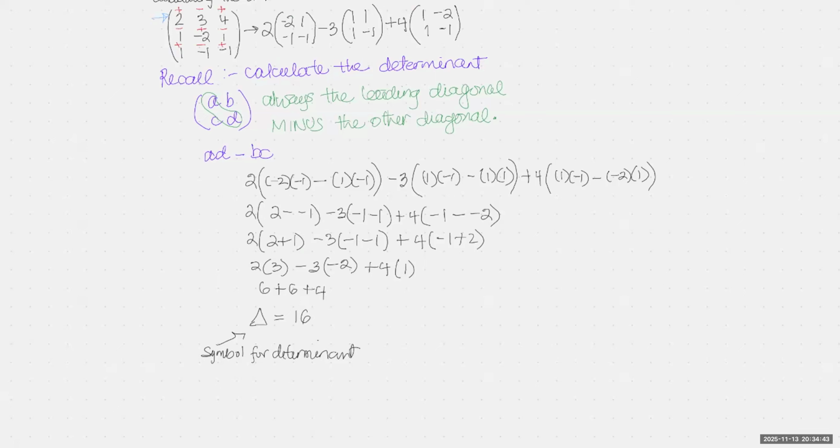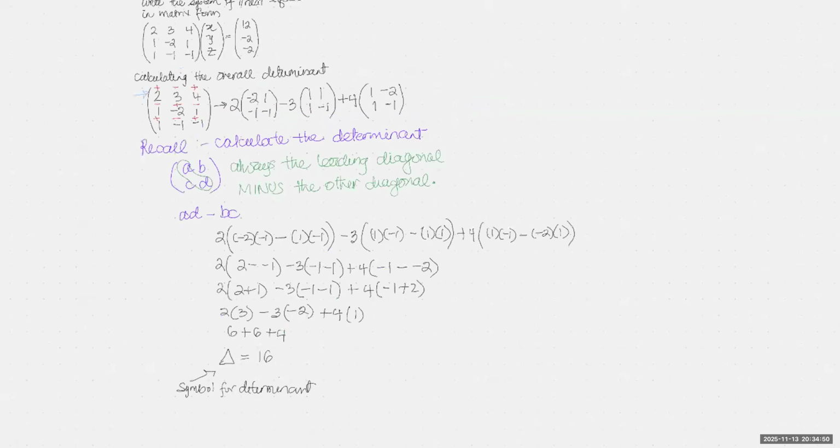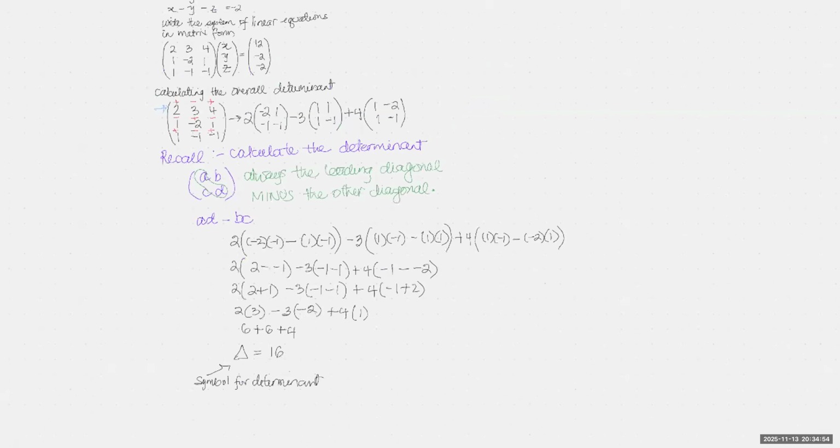I would love if you write this off, because the second part of the question I'm going to ask you to do for me. What you're technically doing, hear me out, is calculating the overall determinant. Then you're going to calculate the determinant of x, the determinant of y, and the determinant of z.